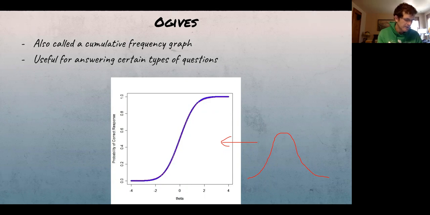And we eventually get up to the top where we have 100% of the data. So the kinds of questions that these are useful for is to say, what data point falls at the 80th percentile? And the 80th percentile, we'll talk about this more.